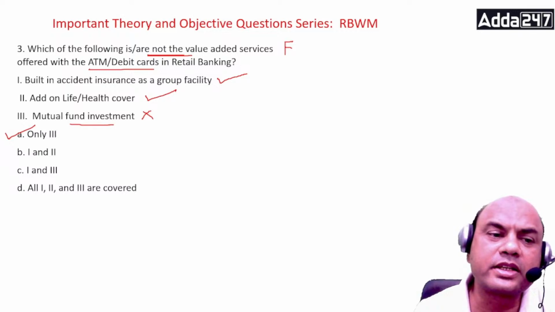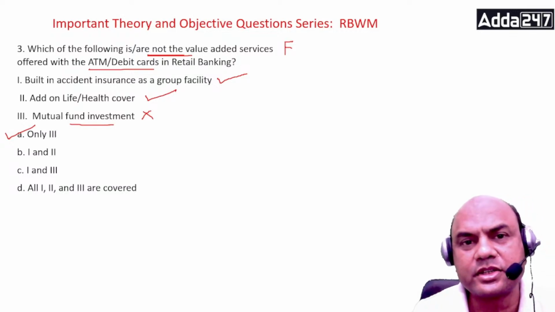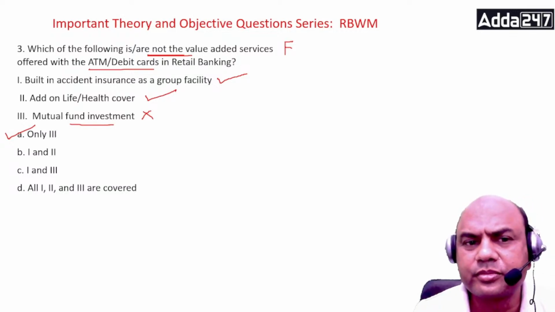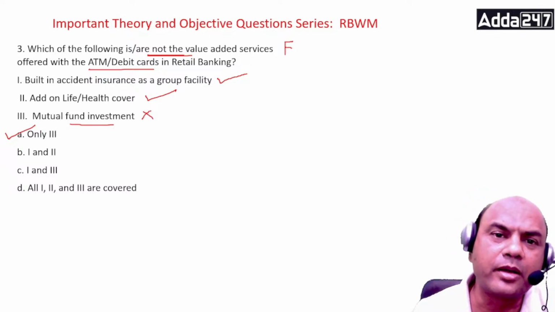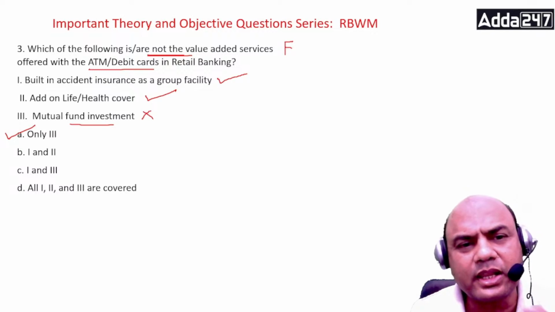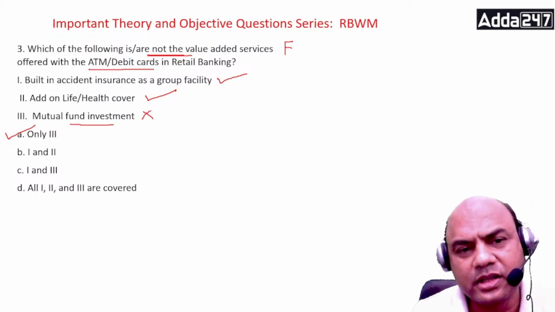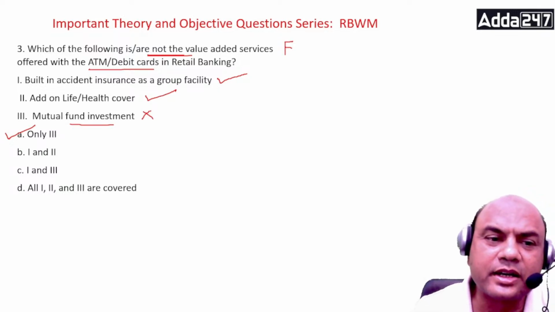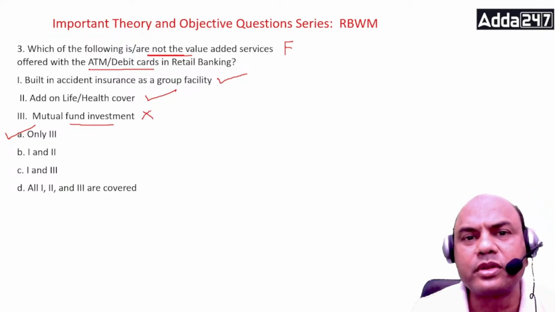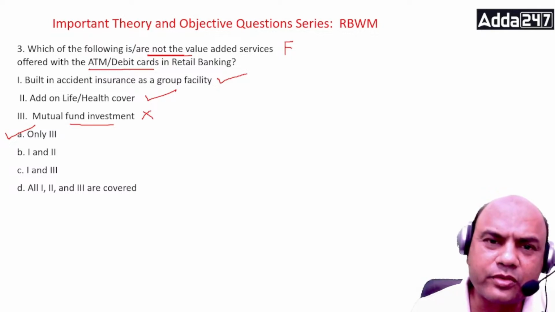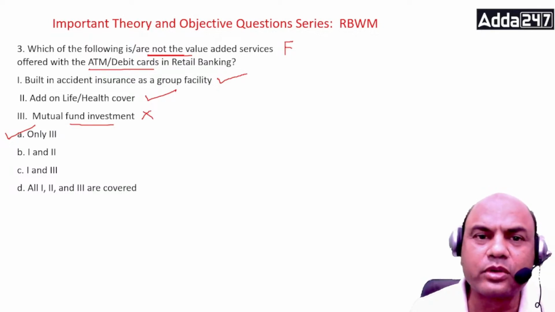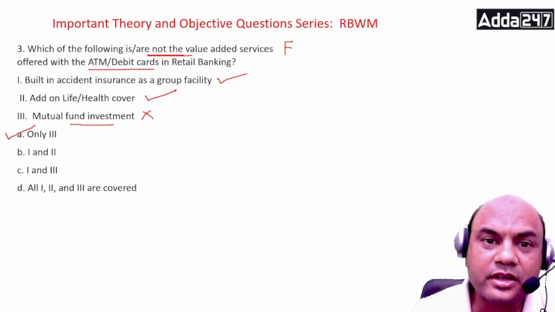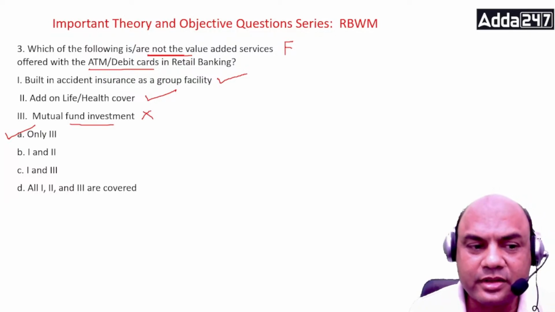I can offer this health insurance and accident insurance if you take a loan from me. So whichever product I want to sell, I want to focus more, that product I'll add all these add-on features, right? So that's the basic logic. It's not compulsory that it is added to debit card and ATM card only. It can be added to whatever you have to sell. You'll try to lure the customer. Lure means come here, I'm giving something extra, right?